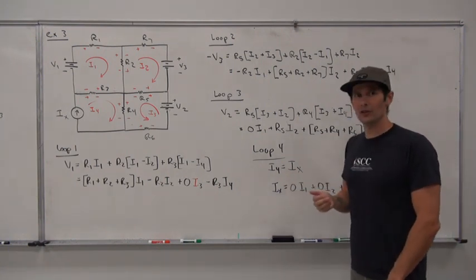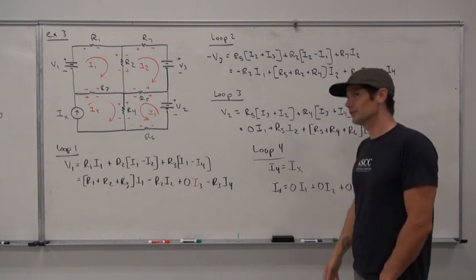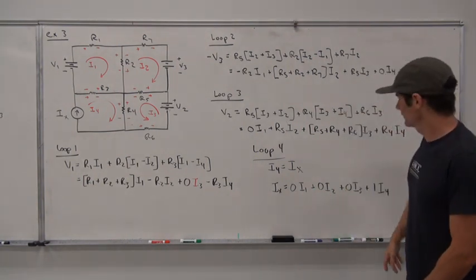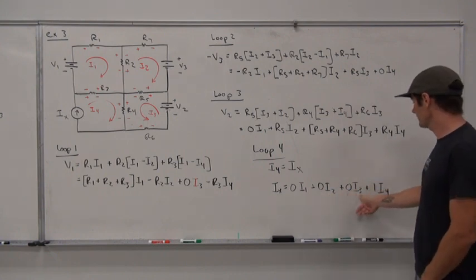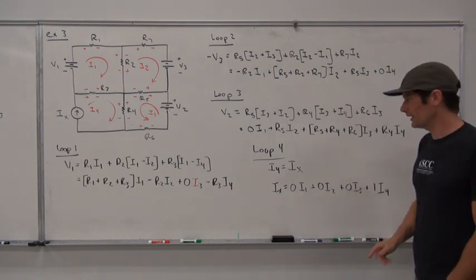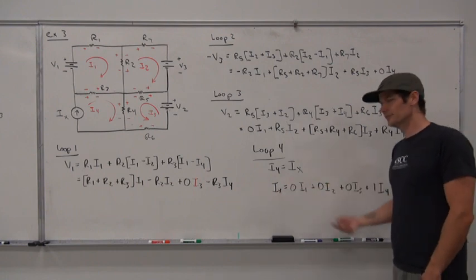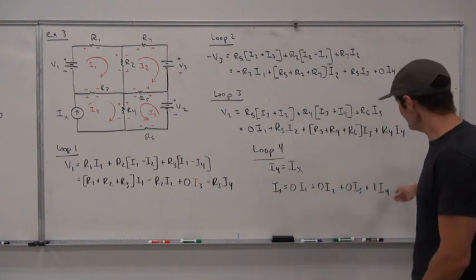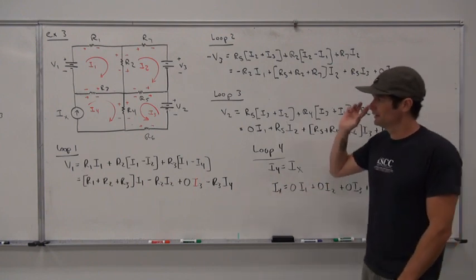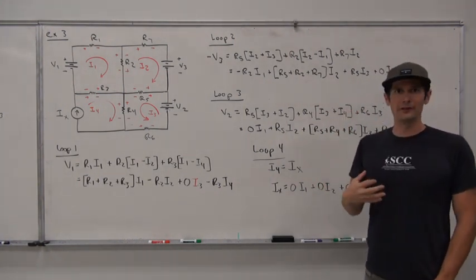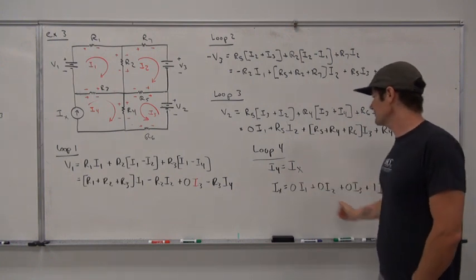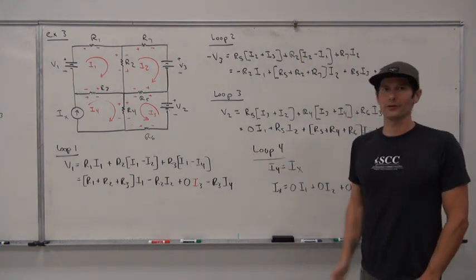So we could do that, or we could just go ahead and write out a simultaneous equation here, where we would say 0 times I1 plus 0 times I2 plus 0 times I3 plus 1 times I4, and that would just be equal to IX. And once we actually go ahead and develop our matrices and perform row reduction, this would actually substitute that value in to the other 3 equations.